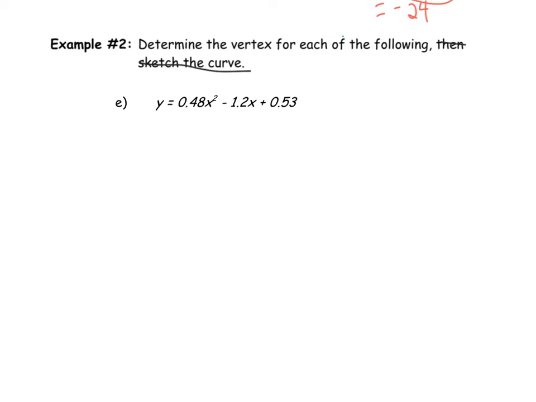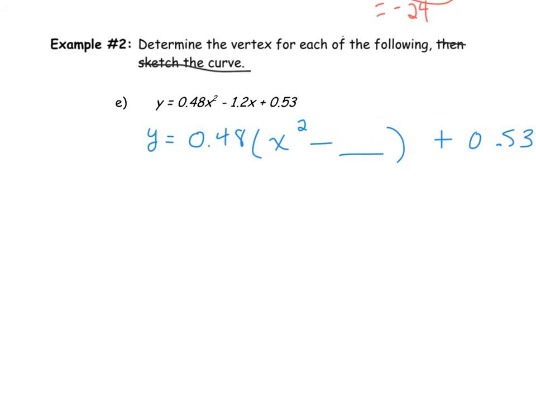All right, so I'm going to begin this question by doing what I've always done when I complete the square, which is to remove the coefficient of my squared term, and in this case that's 0.48. And I'm going to leave that as x squared minus, and then I'm going to need something else there, plus the 0.53. So the big question is, how am I going to get the value that goes in here?